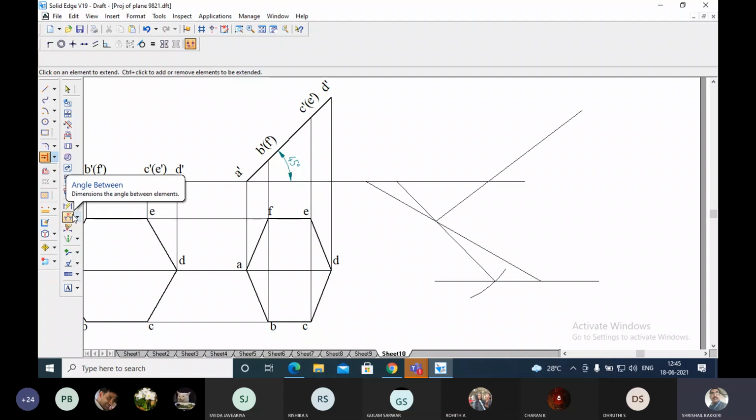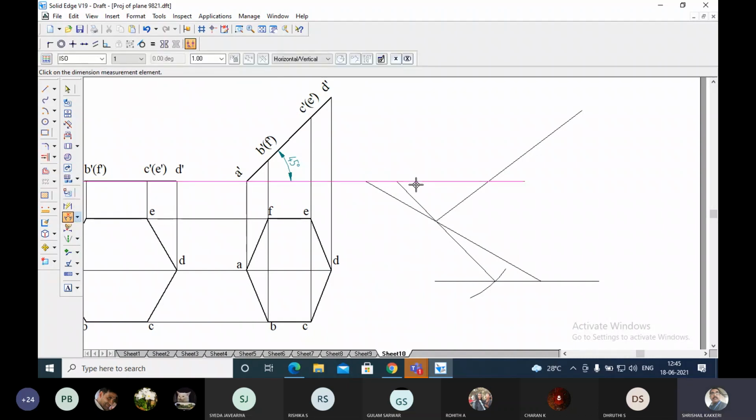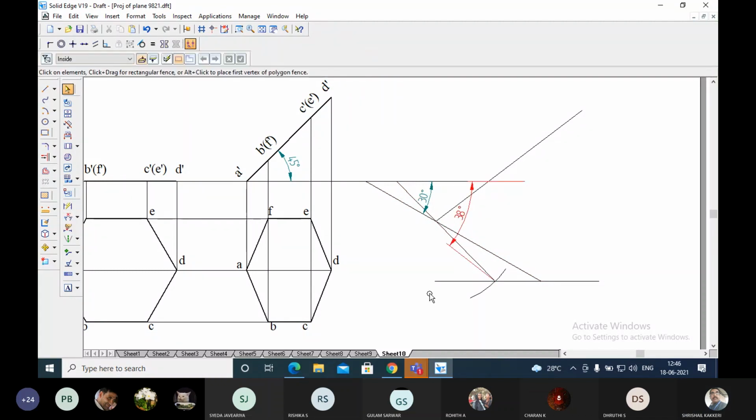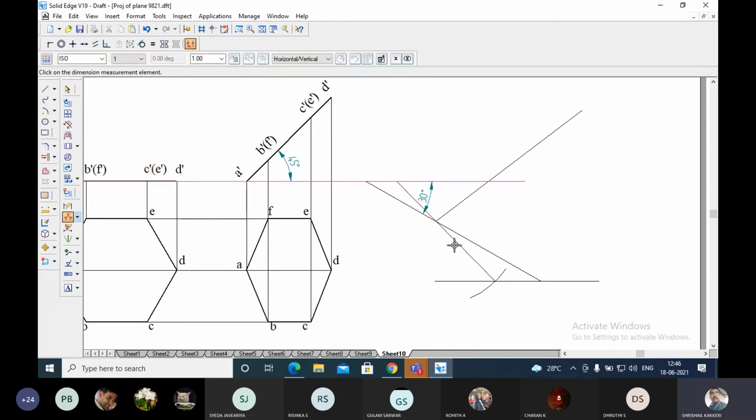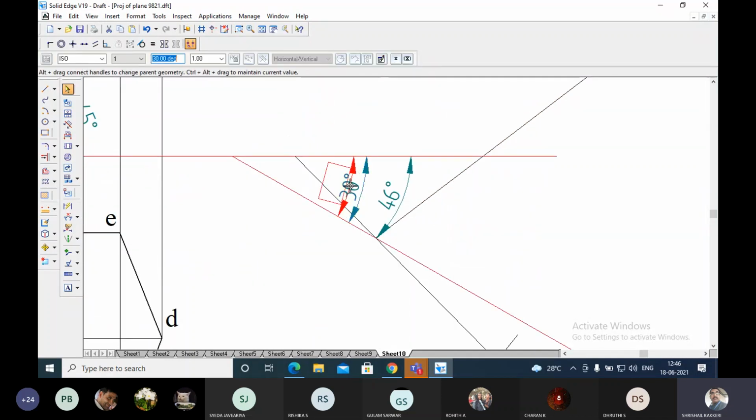This angle is the given angle, and this angle is this much, 46 degree. It is a locus problem, and this, if you want, you can move wherever you want. Okay, I have moved.